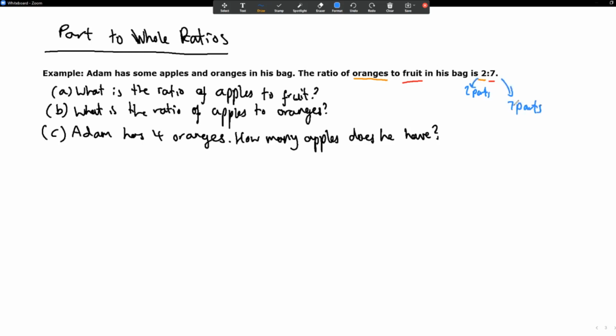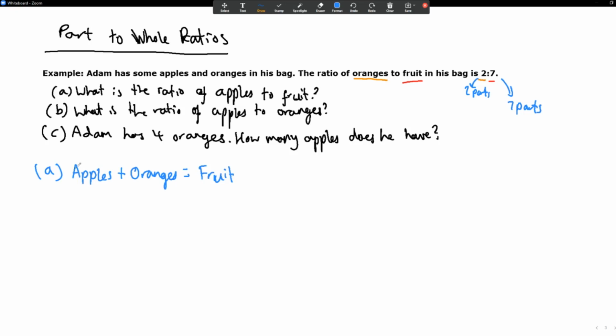And now we want the ratio of apples to fruit. So what we can say is, well, the fruit is the total amount of parts, isn't it? If 7 is the total amount of parts, because that's the apples plus the oranges, then apples plus oranges equals fruit, the total fruit in the bag.